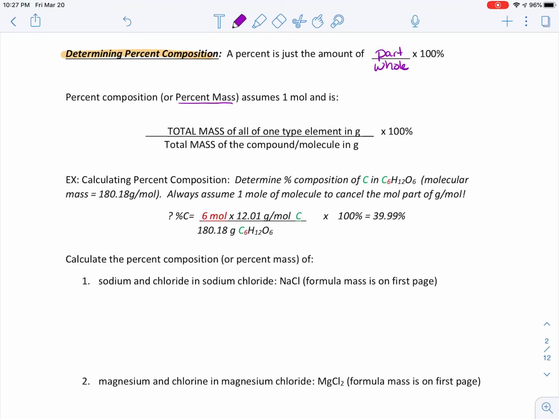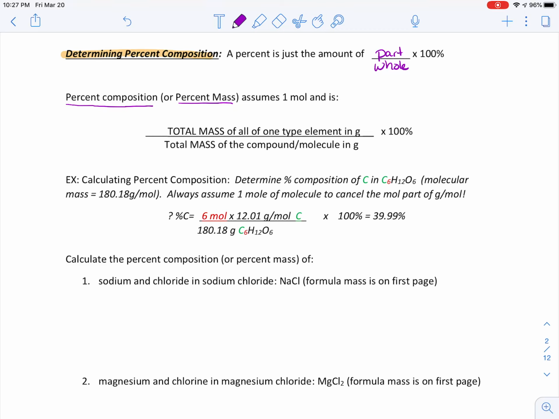I just want to let you know too, percent composition is like a subcategory of this word percent mass. So in Newton, if you see percent mass and you're trying to think of that, it's the same thing as percent composition. Yes, if the problem looks like the kind of problem we're working on, then yes, it's the same thing. Percent mass is like a bigger category, but different books use some different terminology.